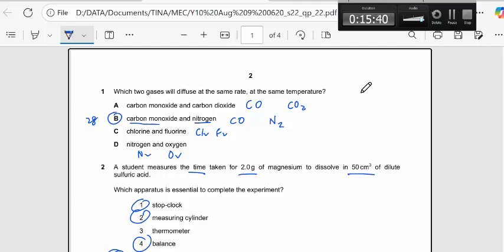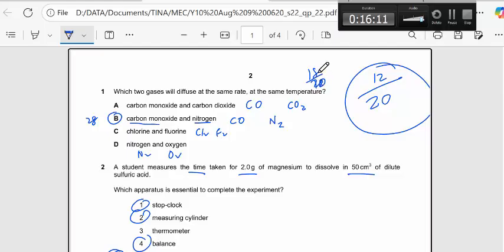Count. 1, 2, 3, 4, 5, 6, 7, 8, 9. 12, right? Yes. So, 18. Hey, you got 6 wrong. 14.